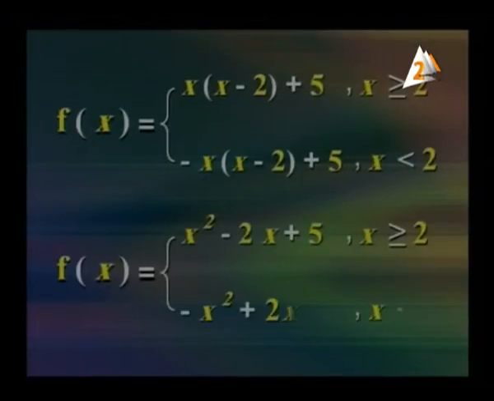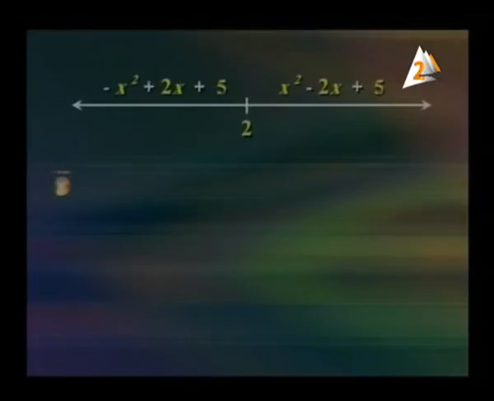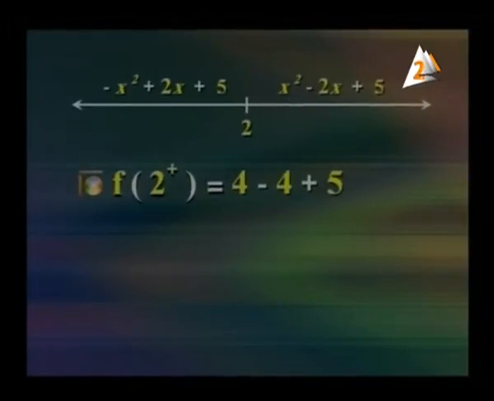f of x becomes x squared minus 2x plus 5 when x is more than or equal to 2, and negative x squared plus 2x plus 5 when x is smaller than 2. Look at the opposite figure. When x is more than 2, f of x equals x squared minus 2x plus 5.